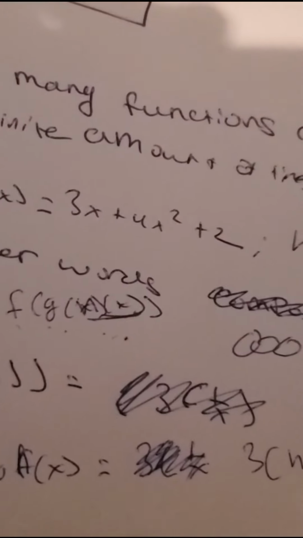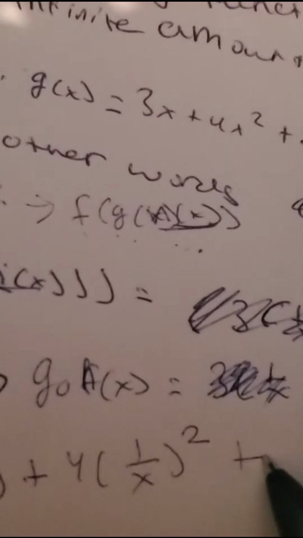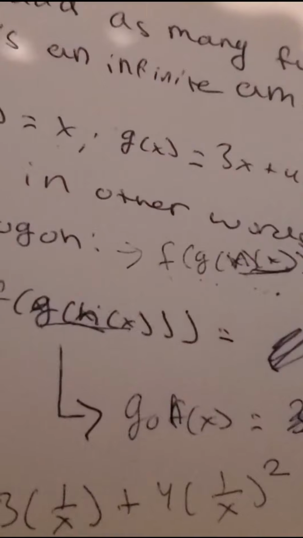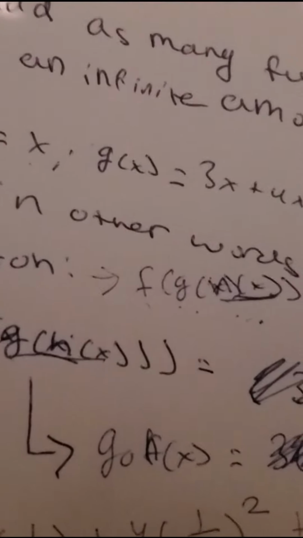To shortcut it, once you get the proficient skill, I usually don't write this out as much anymore in my proofs. But for now it's 3 times 1 over x plus 4 times 1 over x squared plus 2. Simplifying this down real quick, 3 times 1 over x is 3 over x.